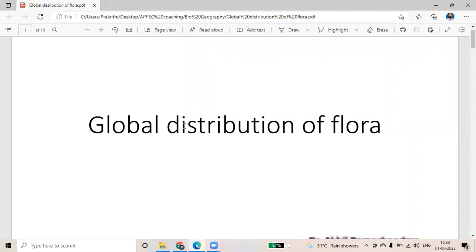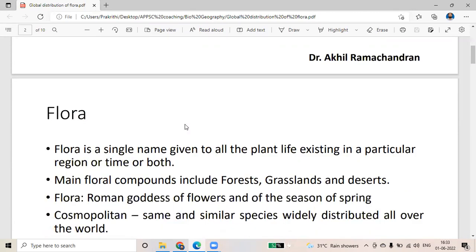So what does this flora stand for? Flora is a single name given to all the plants and plant life. जो भी एक area होगा, एक particular time होगा, उसी time में एक particular जगह में how the plants are being distributed.